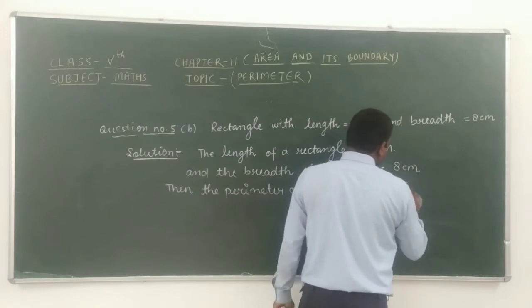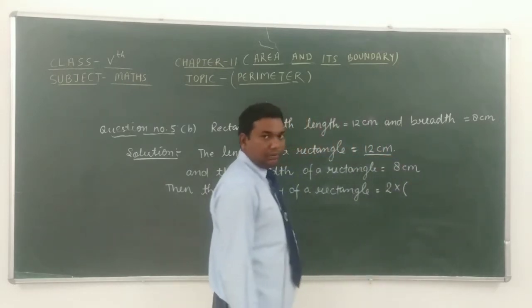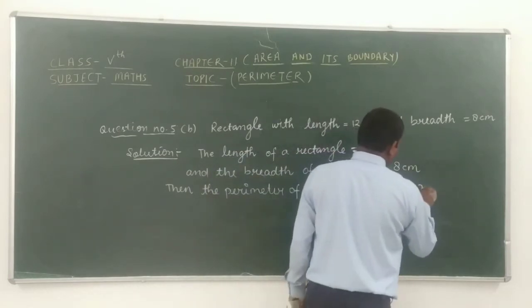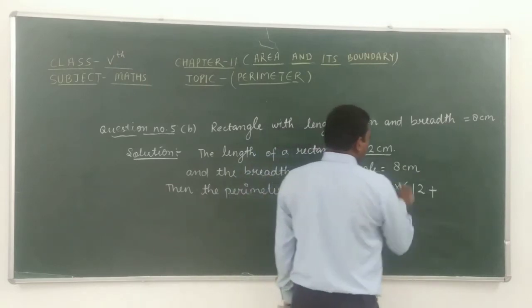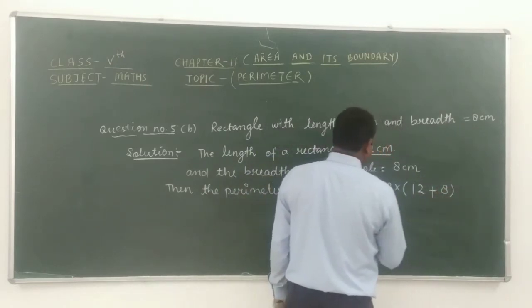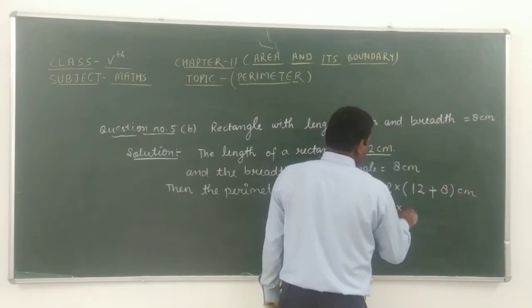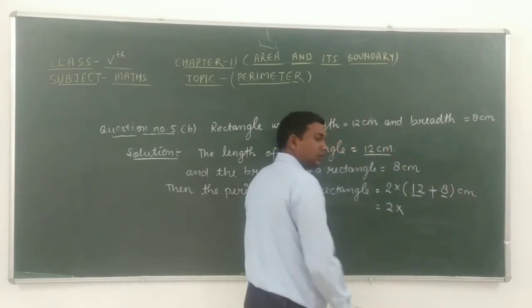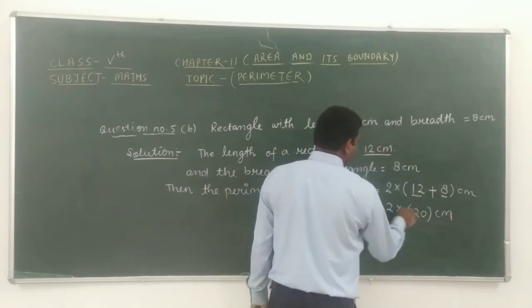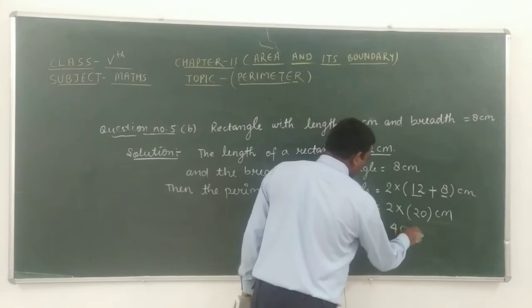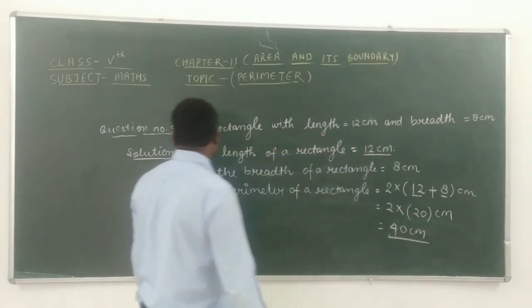Therefore we can write 2 into 12 in place of length plus 8 centimeter in place of breadth. 2 into 12 plus 8 is 20, and 2 twenties are 40 centimeter.